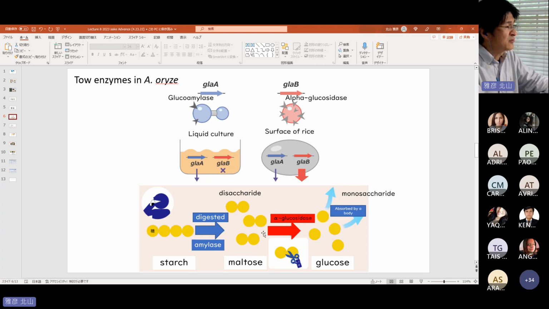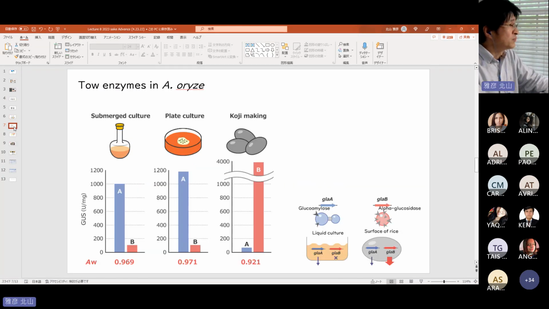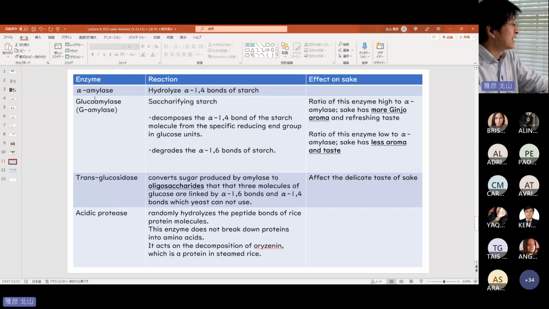And the maltose will be digested to glucose. This is the G amylase, or alpha glucosidase. So alpha amylase, G amylase. We have at least two genes, one encoding alpha amylase, another encoding G amylase.